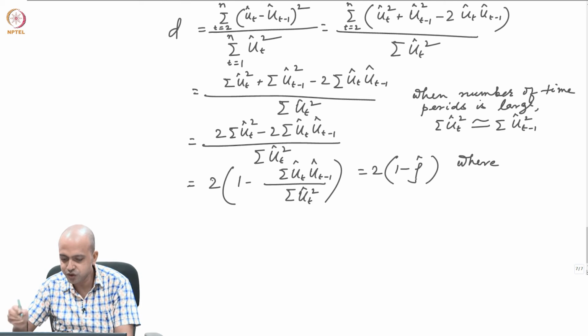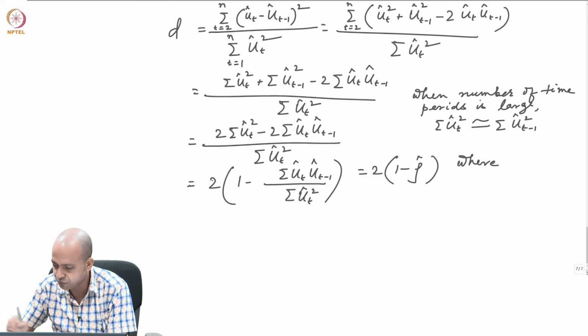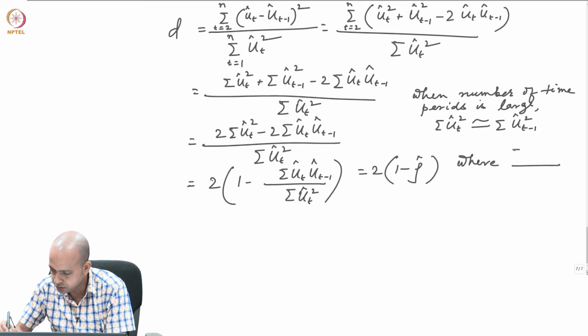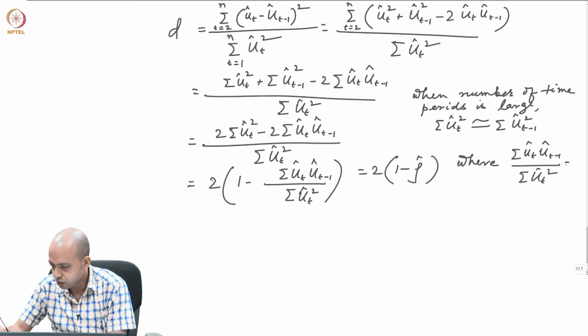how have we defined this rho hat? Basically, sum of ut hat ut minus 1 hat divided by sum of ut hat square equals rho hat.